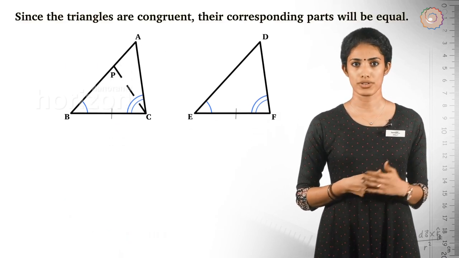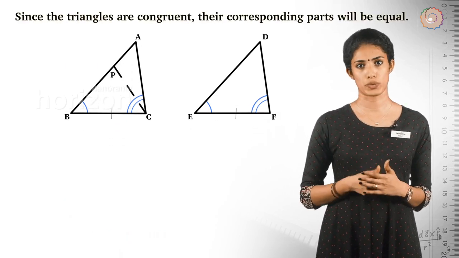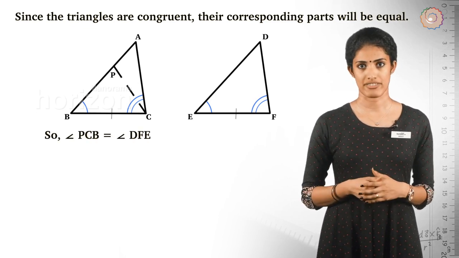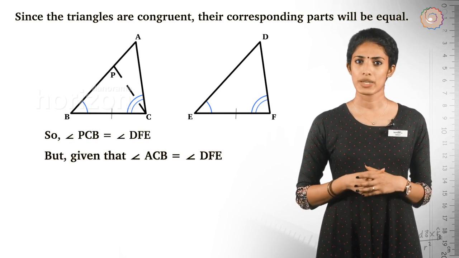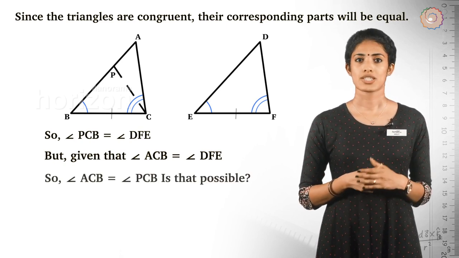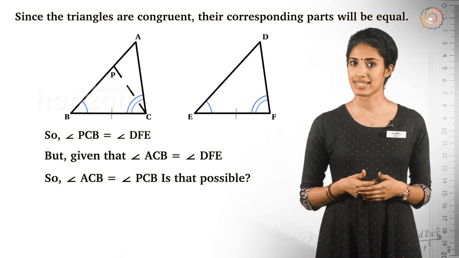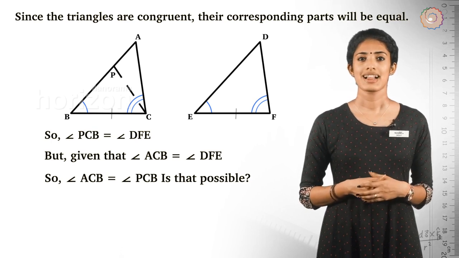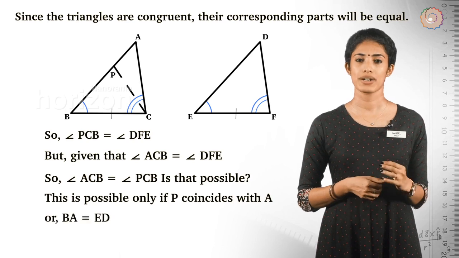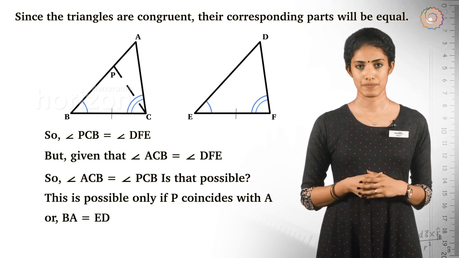Since the triangles are congruent, their corresponding parts will be equal. So, angle PCB is equal to angle DFE. But given that angle ACB is also equal to angle DFE, so angle ACB is equal to angle PCB. Is that even possible? This is possible only if P coincides with A or BA is equal to ED.